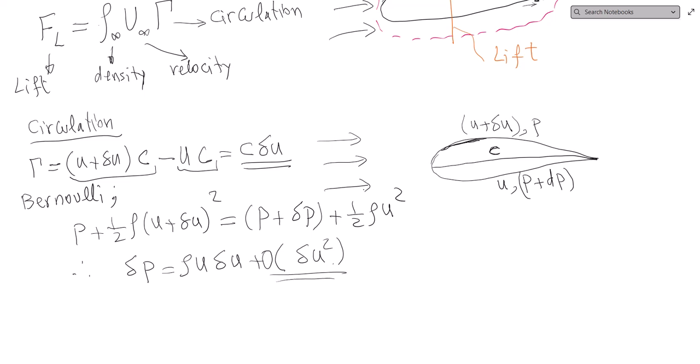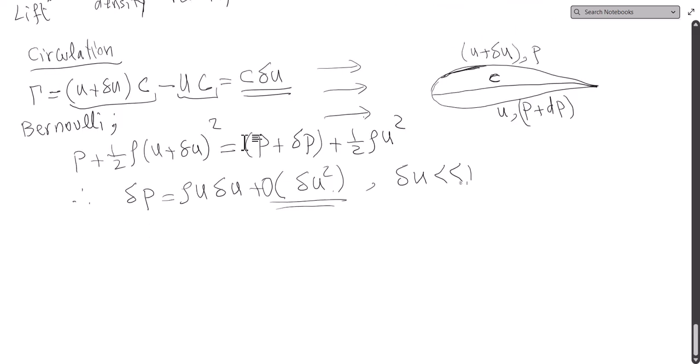We assume that delta u is very small, therefore delta u squared can be ignored.